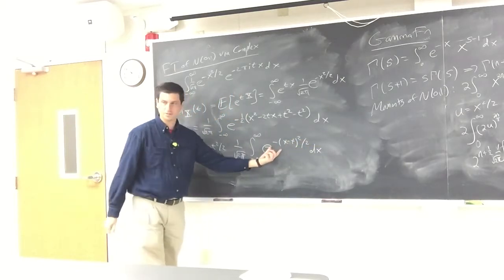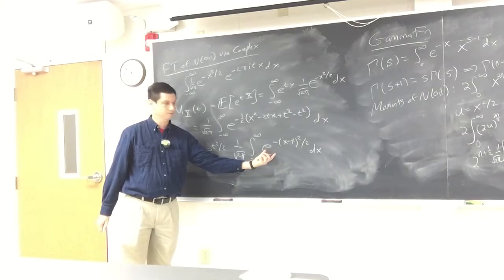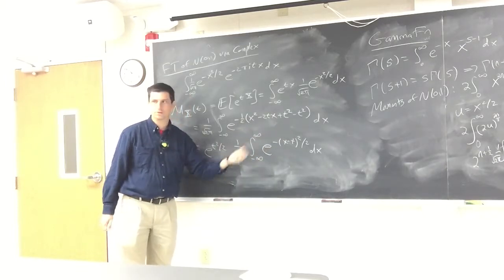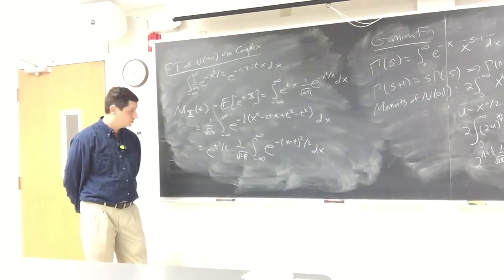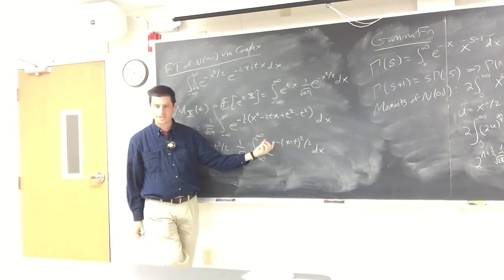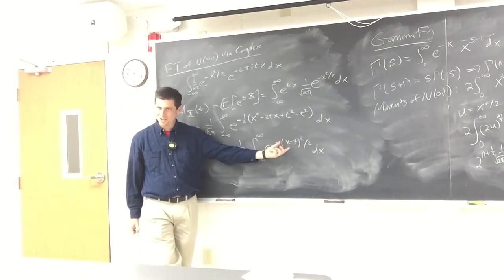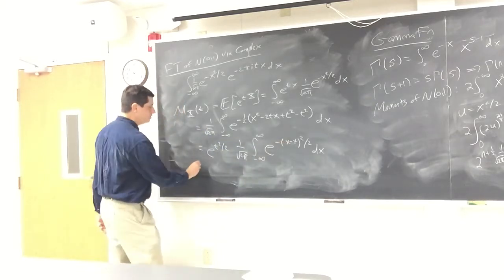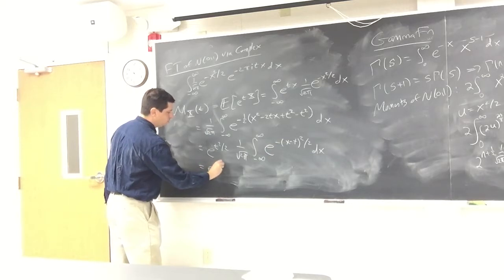But what is this integral? What does this integral equal? It just equals 1. It's a probability distribution. It's a Gaussian with variance 1 and mean t. Or if you want, just change variables. Let u equal x minus t. So this is just e to the t squared over 2.